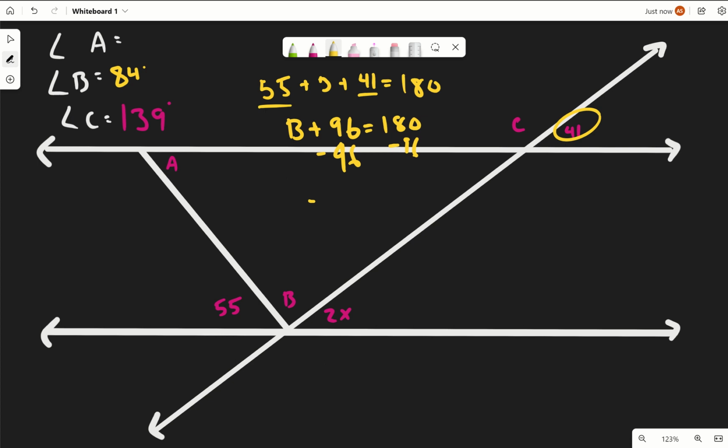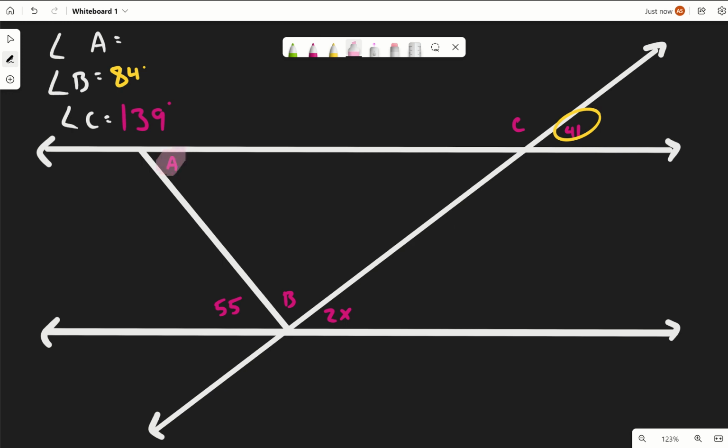All right, now, our final step up here. Finding angle A. Well, looking at what we know here, we know that angle A and 55 degrees are alternate interior angles.